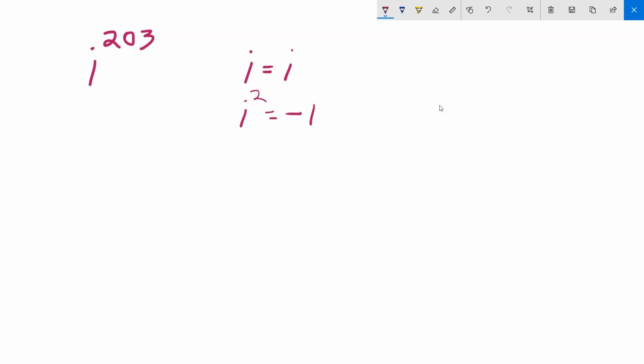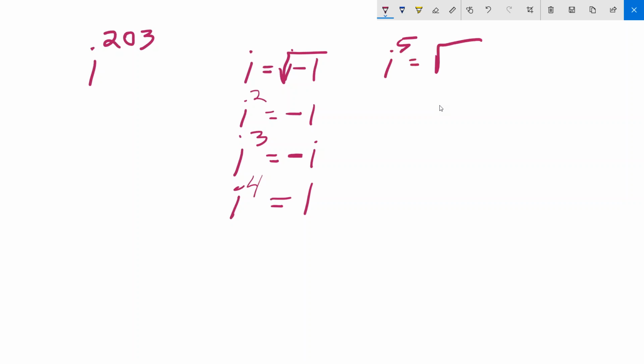Here, I'll write this a little different. See the pattern? So when they give you one, this was -1, this is minus i.